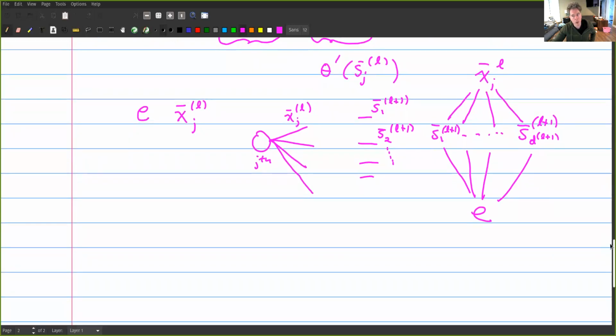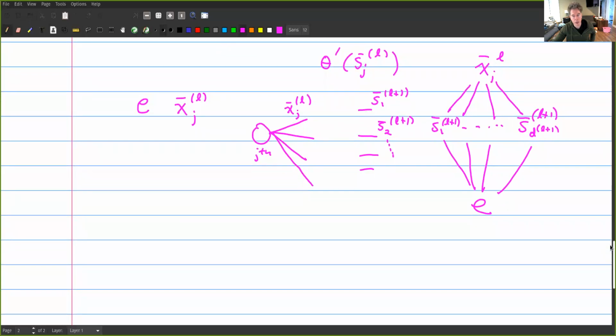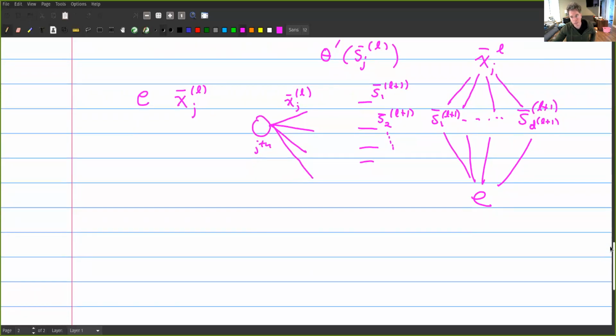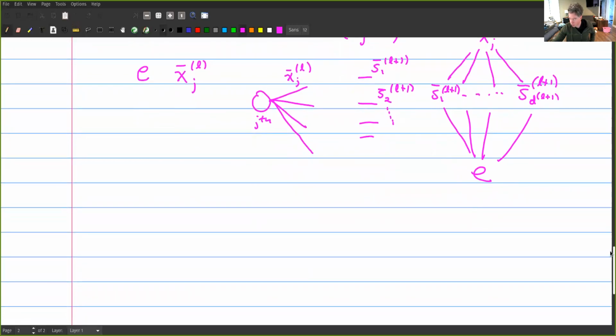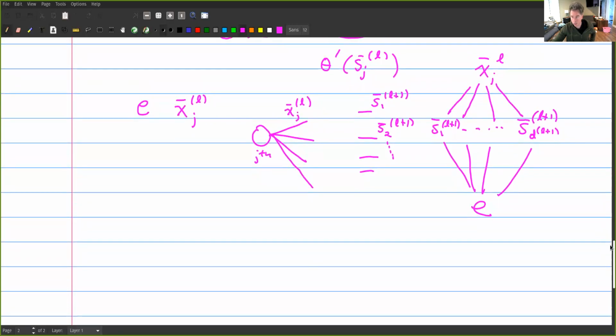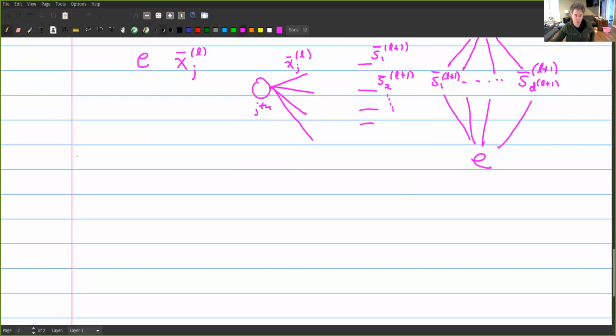If you want to read more about that, you can Google multivariate chain rule, and the article that comes up will explain that better.